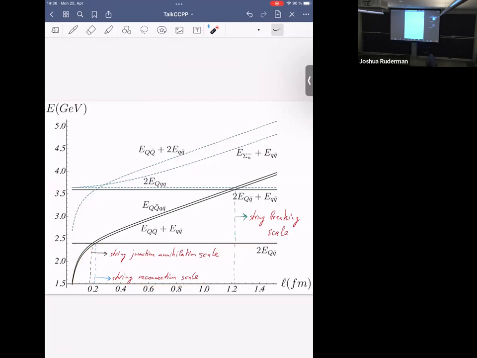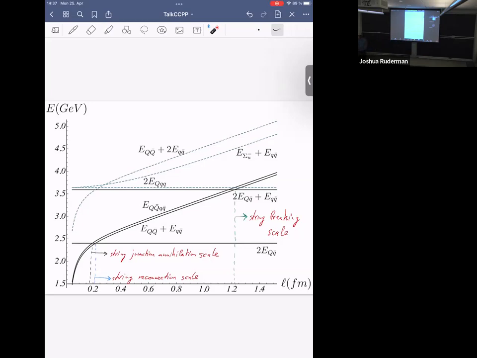You have two strings, and, for example, here it was Q-bar, Q-bar, and then it becomes something else. That's another scale, which appears as the string reconnection scale.